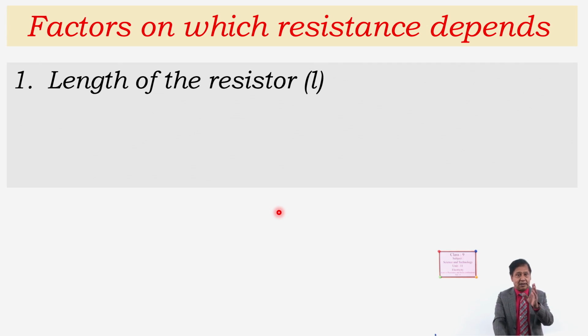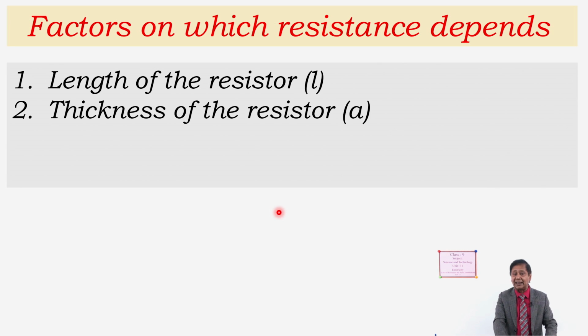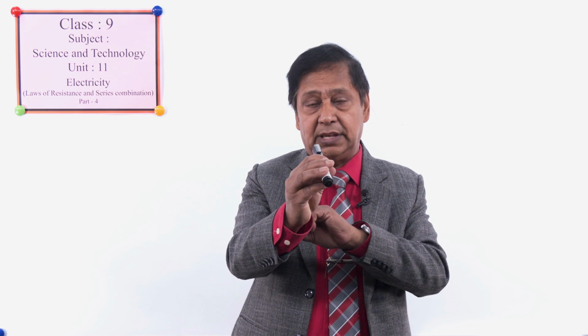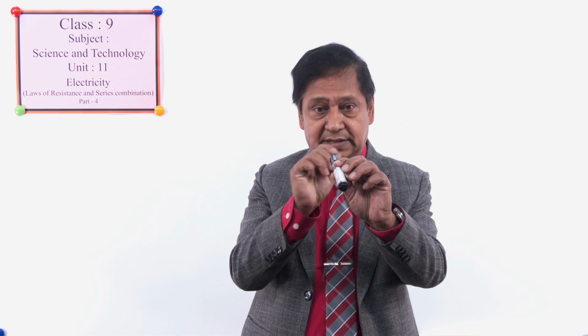Then what are the factors on which resistance depends? This is the question. Now I want to tell you the factors. Number one, resistance depends upon the length of the resistor, and it also depends upon the thickness of the resistor. Thickness means cross-section area. If a conductor is cut and we see it from the side, this is the cross-section area.